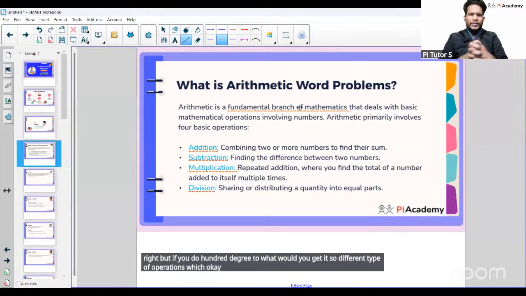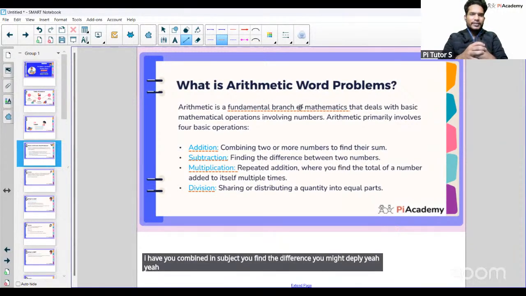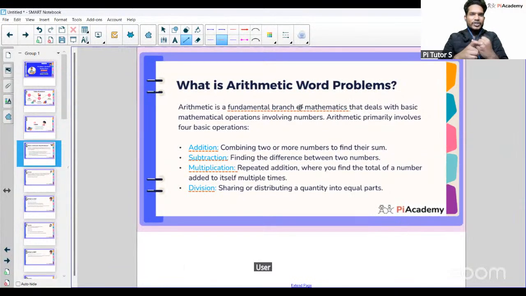Okay. So when you add, you combine; when you subtract, you find a difference; you multiply, you times it; and you divide. Now in word problems, you might see different occasions where you need to do different operations, or maybe sometimes use multiplication followed by division, or addition followed by multiplication, or maybe more than two operations.